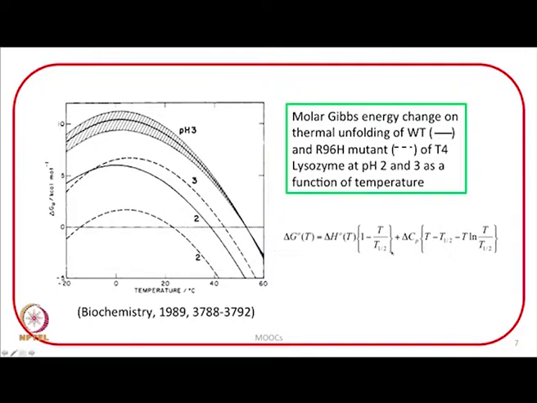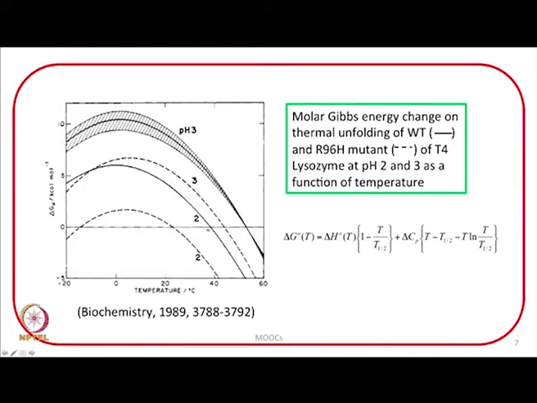According to this equation, or in general based upon our previous discussion, the value of delta G naught should be 0 at the transition temperature for a two-state transition. And you see, you draw a line at 0.